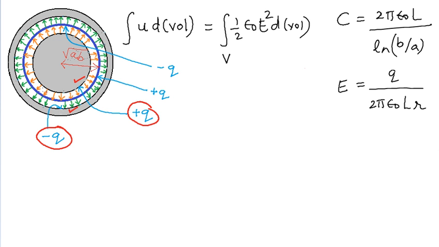The intermediate cylinder is completely absent, and there is a continuous cavity or a continuous gap between this surface and this surface, and the field in the gap is radially outwards, like that, and its magnitude is given by this equation.